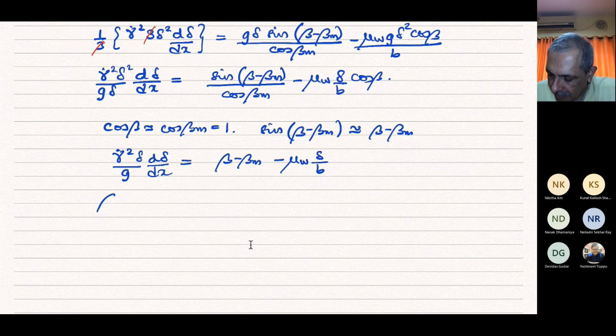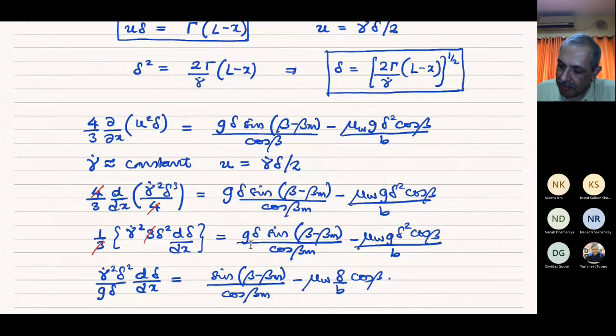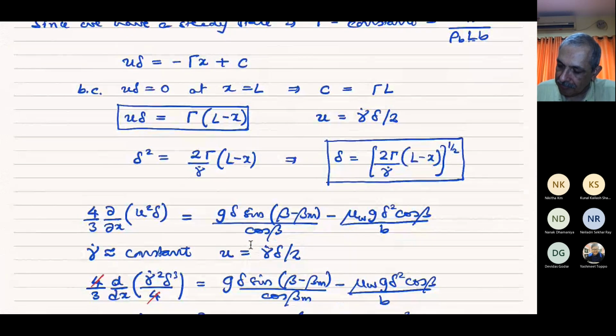And so this gives us an expression for the angle: beta is equal to beta m plus mu w into delta by b plus gamma dot squared by g into half d by dx of delta squared. So I put d delta by dx to be equal to half of d by dx of delta squared. And delta squared, we know that's a very easy expression.